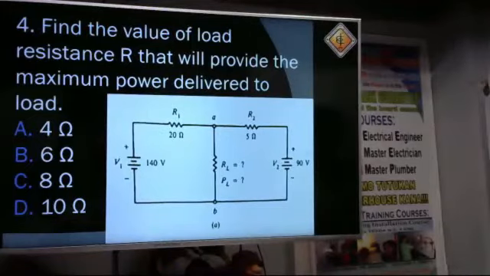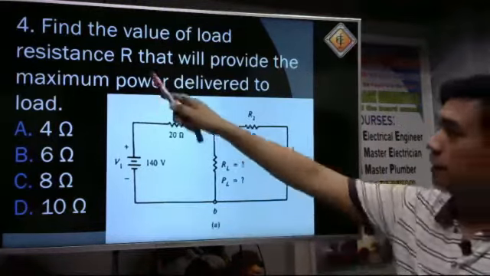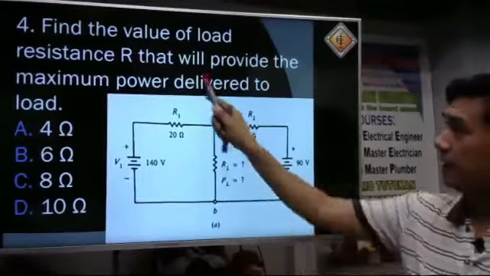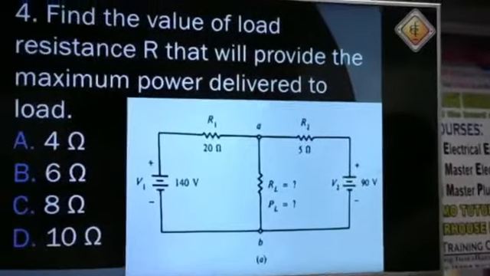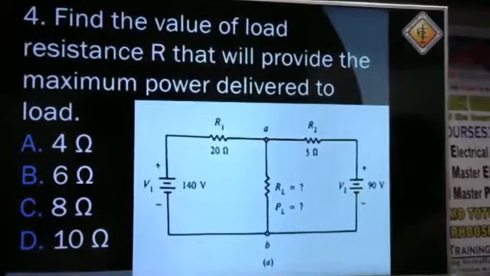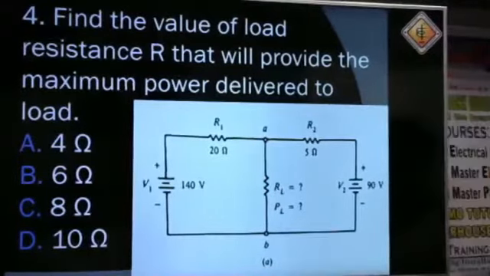Find the value of the load resistance RL that will provide the maximum power delivered to the load. What is the value of this? That will give you the maximum power.